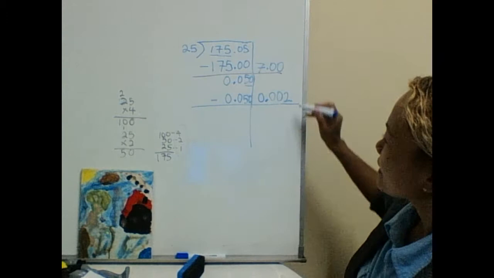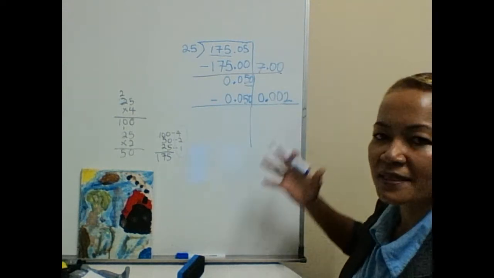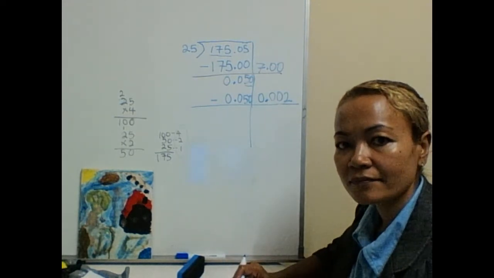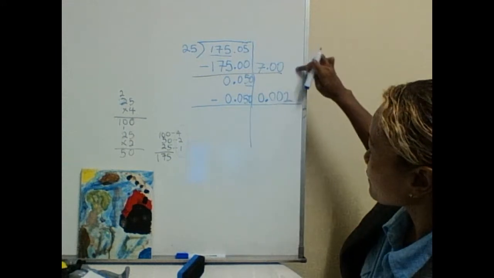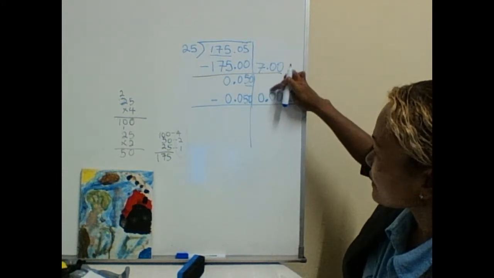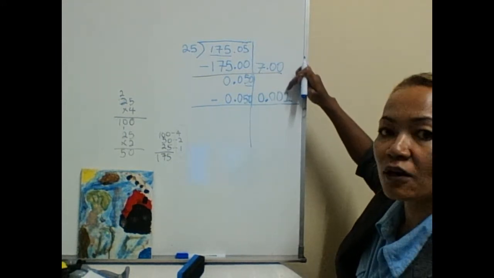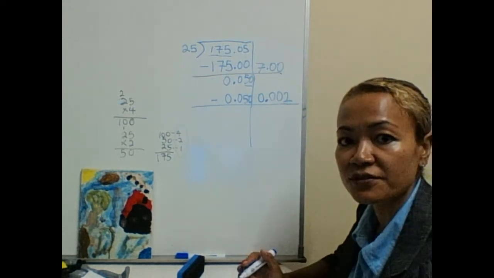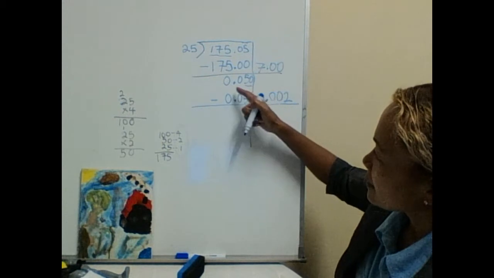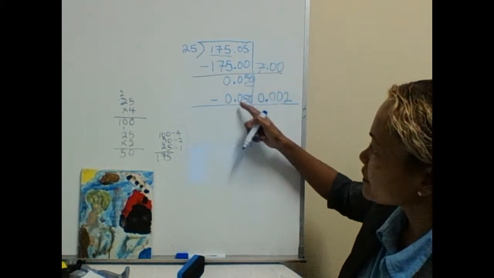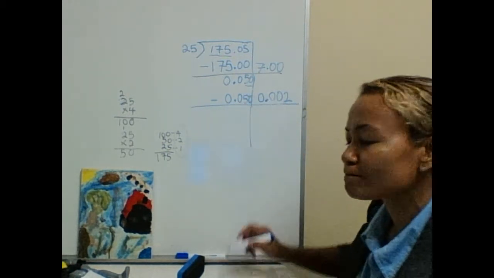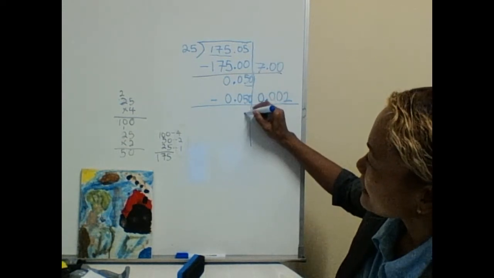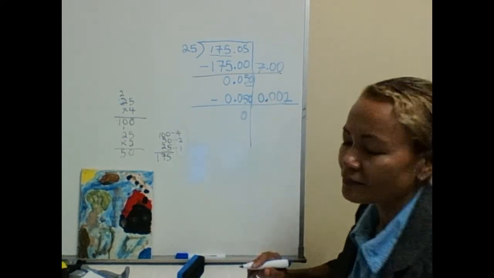Subtract. Here we can put a 0 in here. It doesn't really matter, because there are no extra zeros here. We're already at the thousandths column here. And here it's just at the hundredths. So there's no real need to put any extra zeros. 0.050 minus 0.050 is a big fat 0.